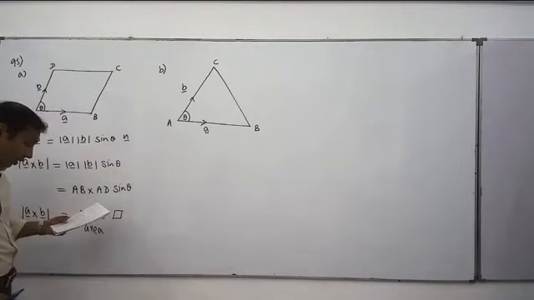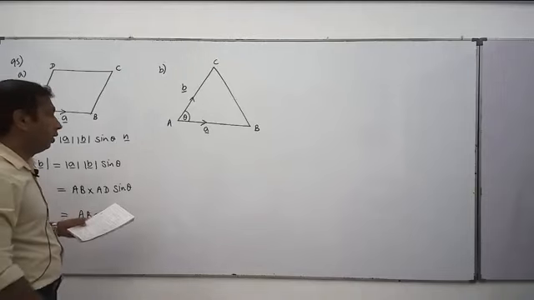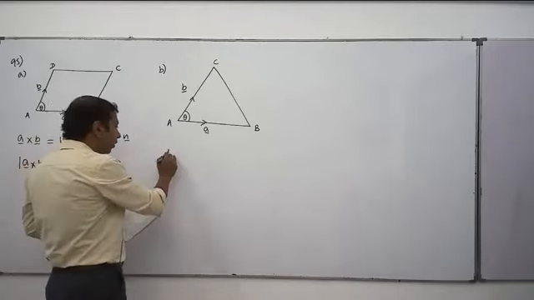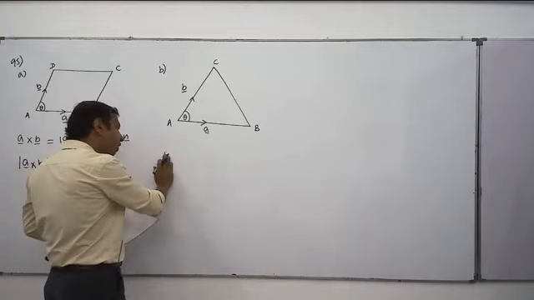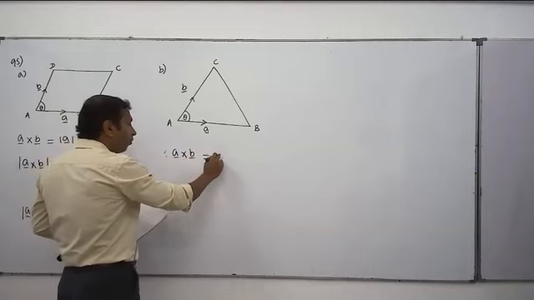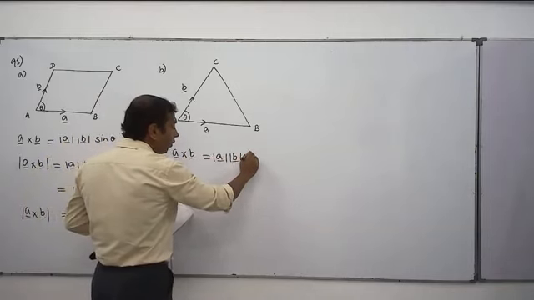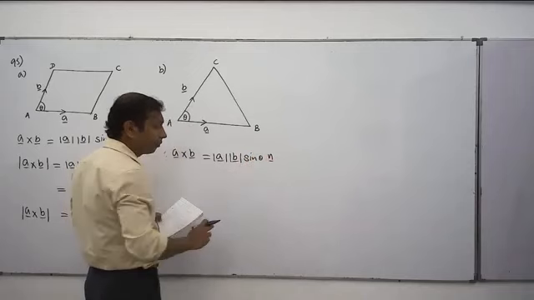Asking to show what, people? ABC triangle area is half A cross B modulus. We'll first take A cross B. What is A cross B, people? Modulus of A, modulus of B, sine theta n.